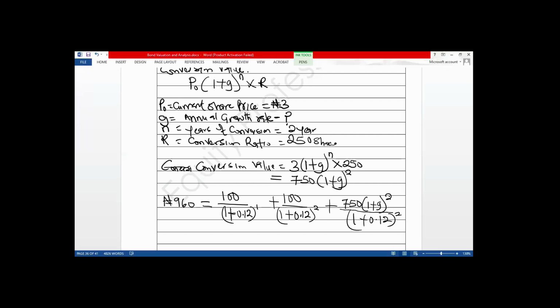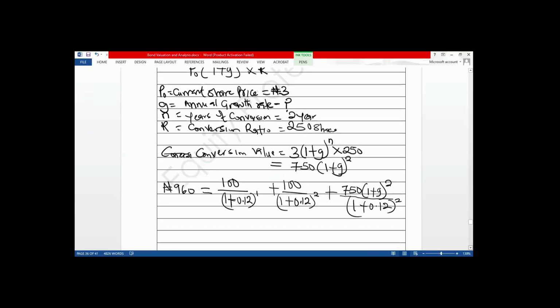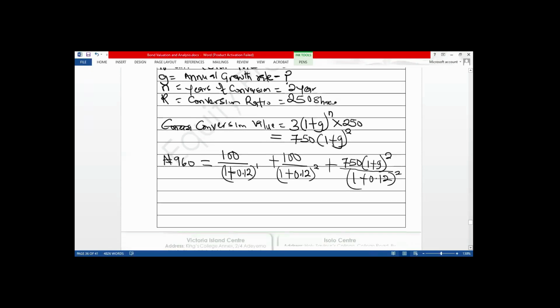So the question is, what is G? What is the growth rate? We can now estimate the growth rate.